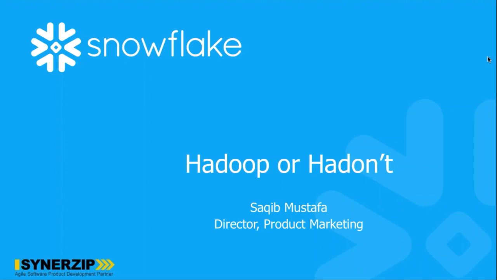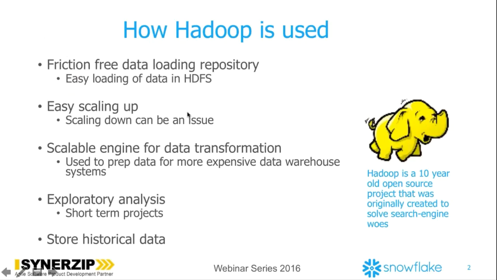So before we go into the challenges of Hadoop, let's talk about what Hadoop is used for today. Hadoop today provides a repository for easy data loading. Typically, you have to do no pre-processing of the data before loading it into Hadoop. It can easily scale up. However, there are issues in scaling down.